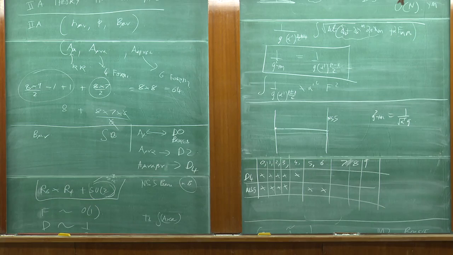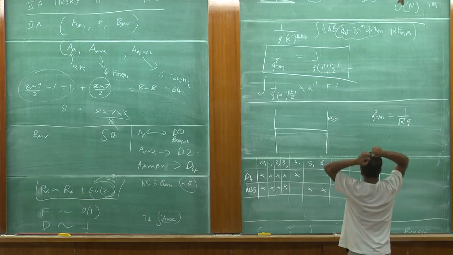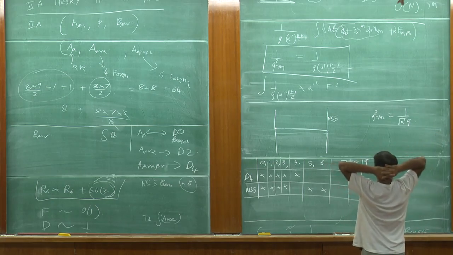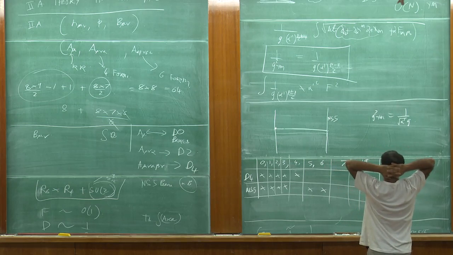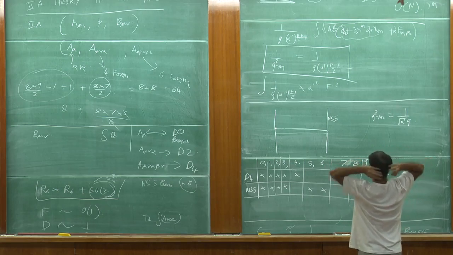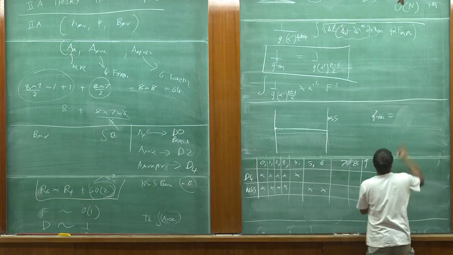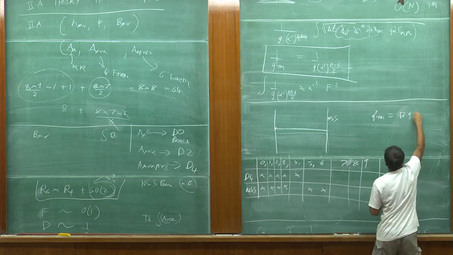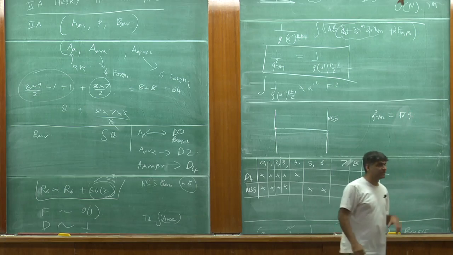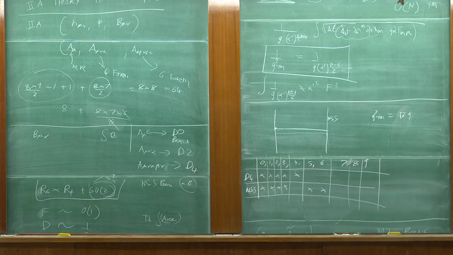Sorry. It's correct. What was making me uncomfortable was that I know this theory should become strongly coupled at high energies. Square root alpha prime E is the dimensionless parameter. So it has this g squared Yang-Mills.